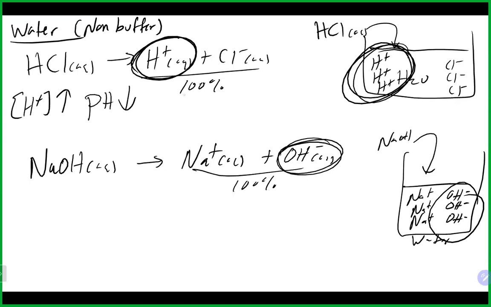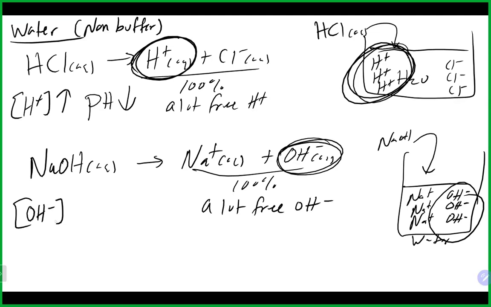You have made a lot of free H plus in the first one, but a lot of free OH minus in this case. And that means that the concentration of OH minus will actually go up. And if you remember, OH minus and H plus are tied to each other, which means if my OH minus shoots up, my H plus concentration will go down a lot.